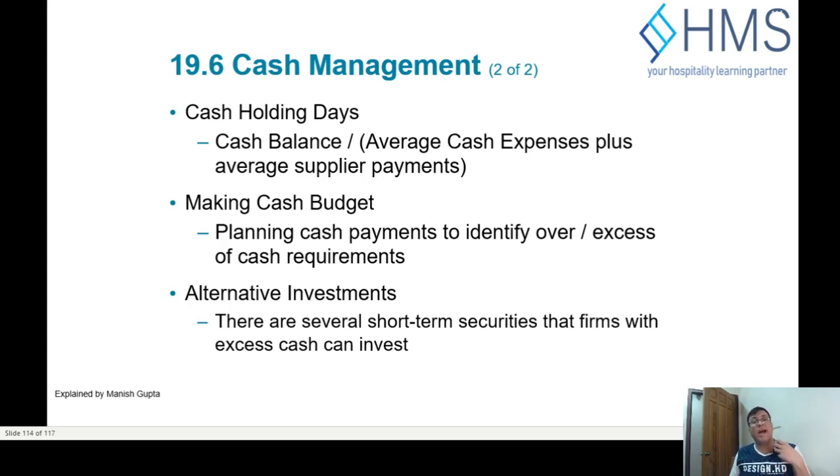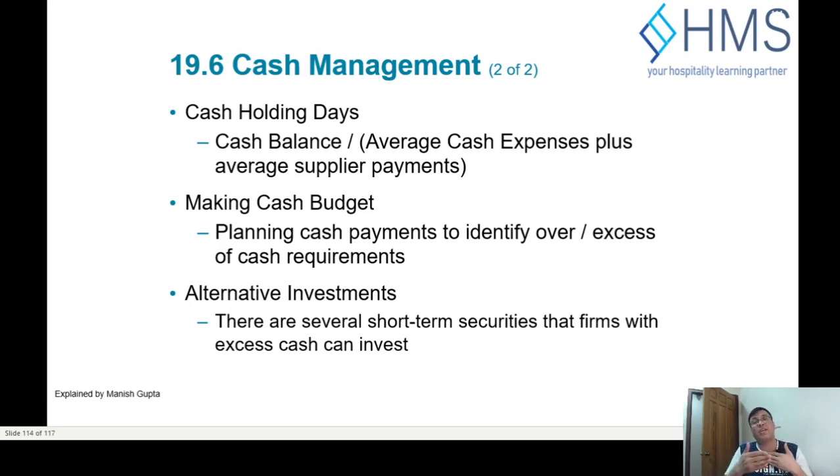You need to understand how long you are holding cash at this point in time. Is it too much or too little? Depending on the company policy and the industry average, you can look at your competitors and other similar companies in the industry to understand whether they are also maintaining that kind of cash, and what the minimum requirement is for you.